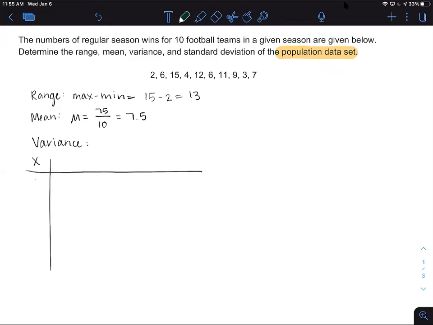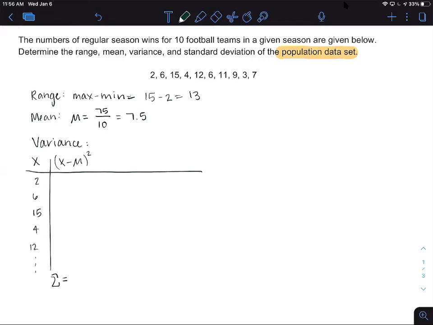So for your X, you're going to be listing out all of your data entries. And then you're going to do X minus mu, so your mean. And a lot of you were just squaring it all in the same column, and that's perfectly fine. That saves time. And then for this one, we can just add these up.